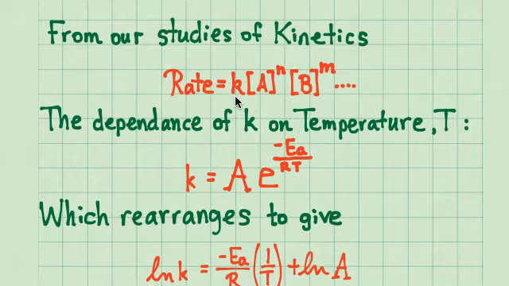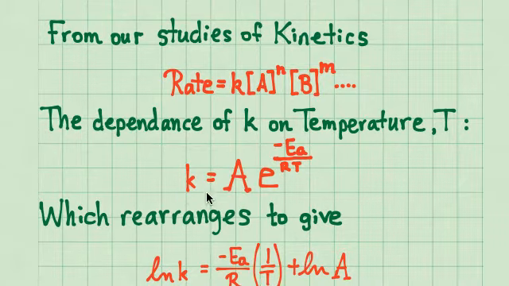But in any case, there's no mention of temperature, so this constant right here usually increases with increasing temperature. And the relationship between the rate constant and the temperature is given by the Arrhenius equation right here.